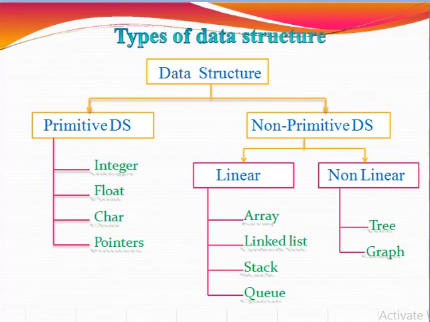Linear is further divided into four types: array, linked list, stack, and queue. The non-linear type belongs to tree and graph data structures.